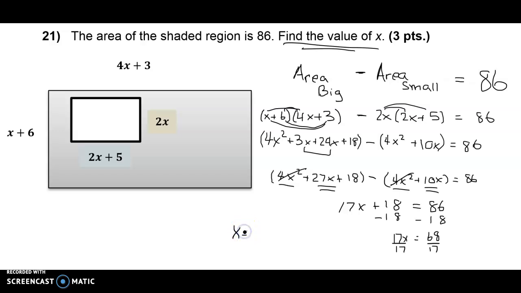X equals 4. Okay? The key to this one is you have to know how to find the area of a shaded region. So you got to take the area of the big, subtract out the area of the small. And it just equals whatever it says it equals. It says it equals 86, go from there, solve for x. Okay? So again, pause and rewatch if you need help.